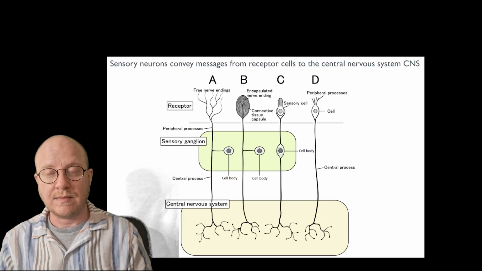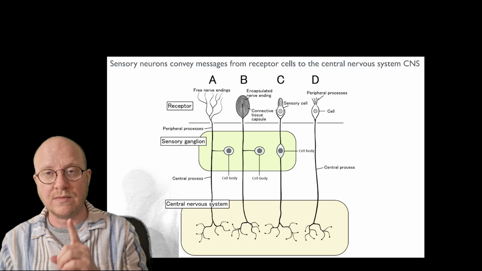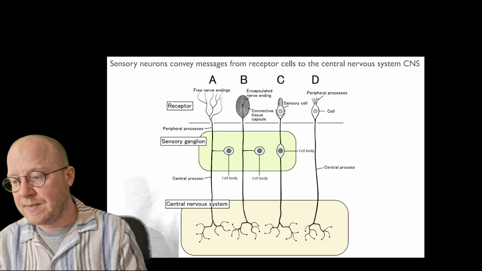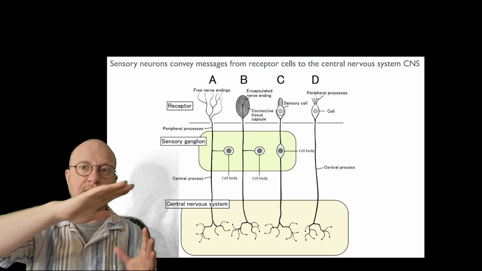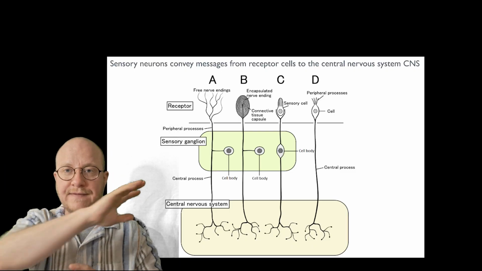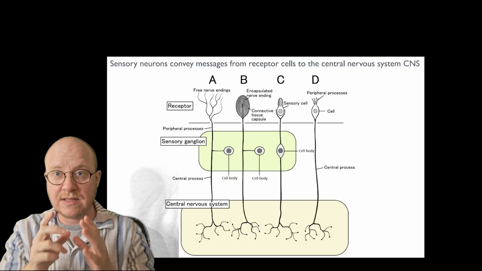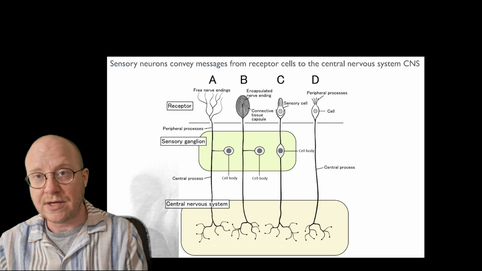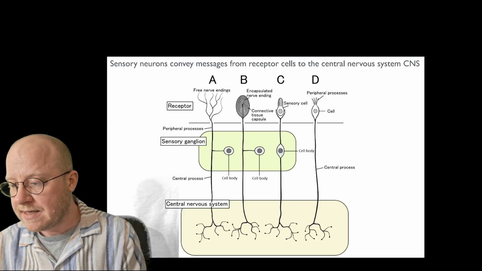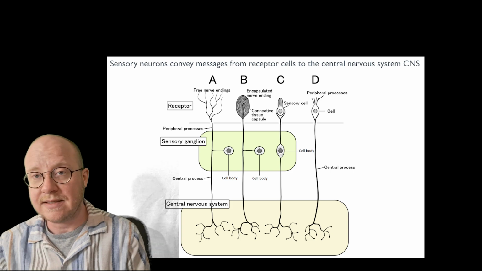Okay, so spot number one, receptor, at the beginning of a sensory neural pathway. So we're going to go on a journey. We're going to get on a path and follow it. And our starting point is a receptor. A receptor is a modified neuron that is capable of transduction.